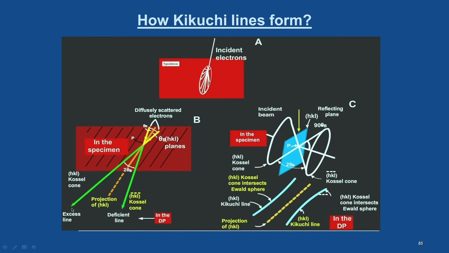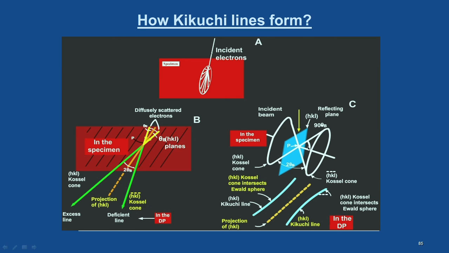The one we talked about is the excess line, another is a deficient line in intensity, and the angular measure between these two lines is 2 theta B because of the Bragg diffraction, and you can see that the deficient line will appear dark and the excess line will appear bright.